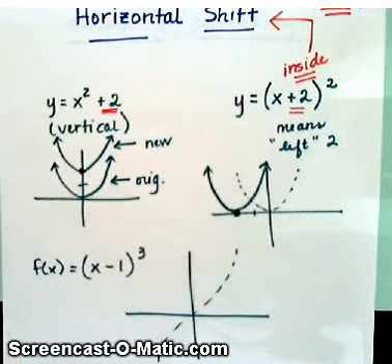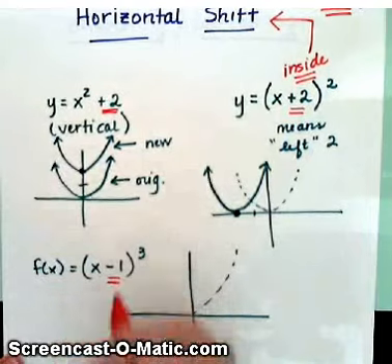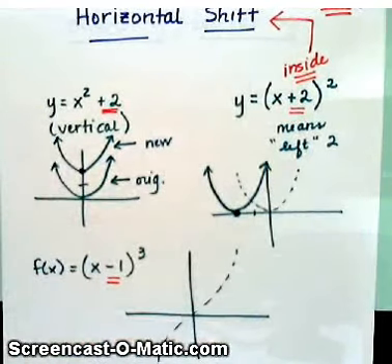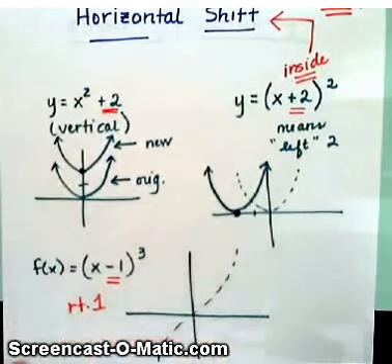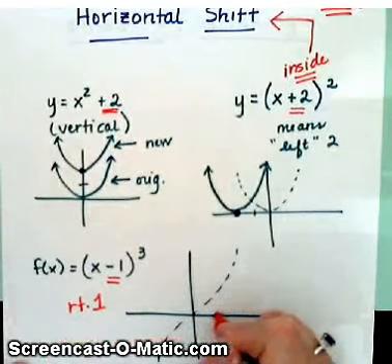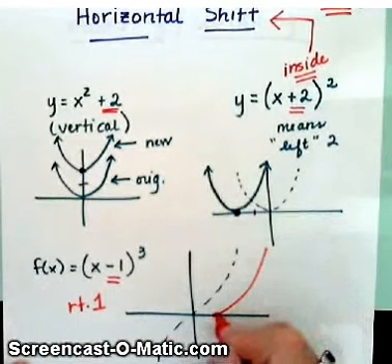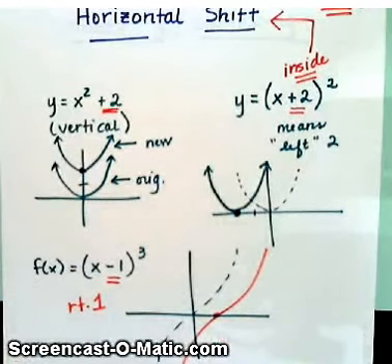Now, see how this is inside? So that's a horizontal shift, and it says -1. And remember, horizontal shifts are contrary, so that means we're going to go right 1. So this vertex is going to move here. And so this is what your graph is going to look like. There is the graph of x minus 1, the quantity cubed.